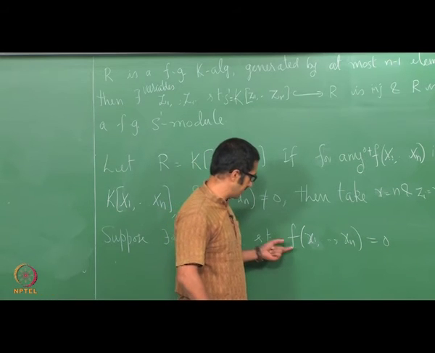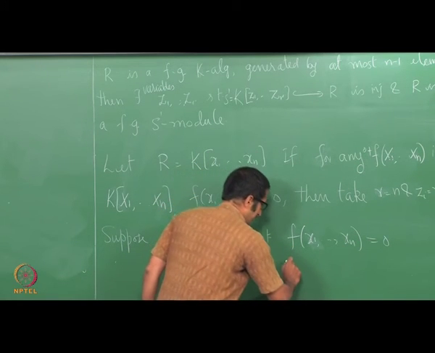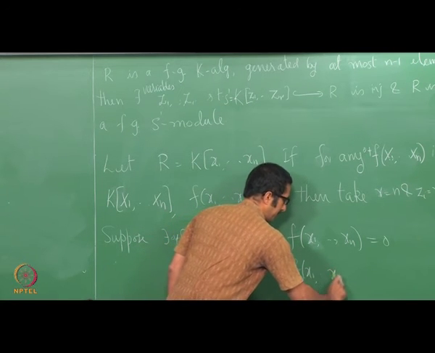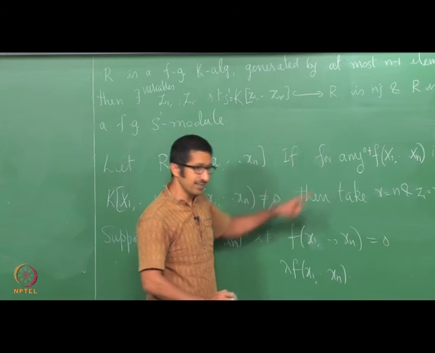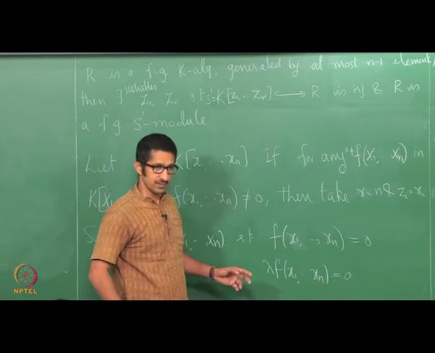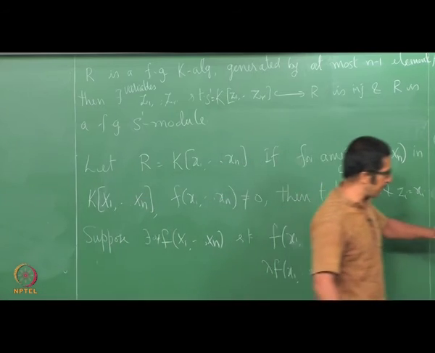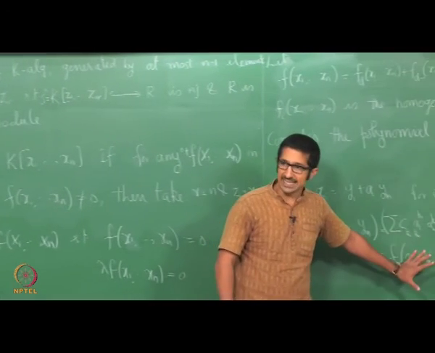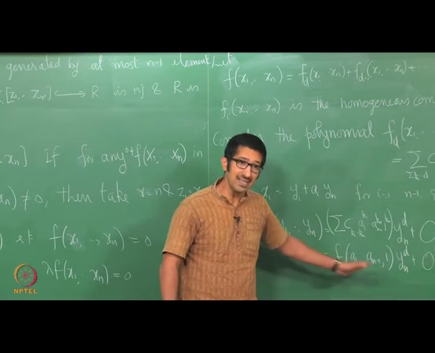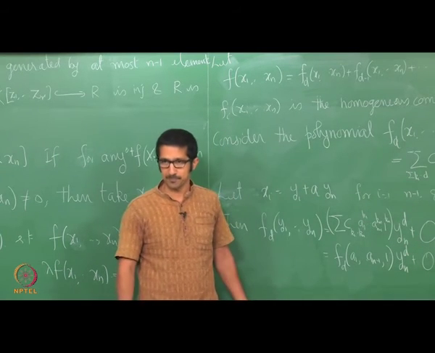Now, this is 0, which means if I multiply by any lambda in k, this will also be 0. So if I can get a polynomial whose leading coefficient is an element from k, I can always scale it.